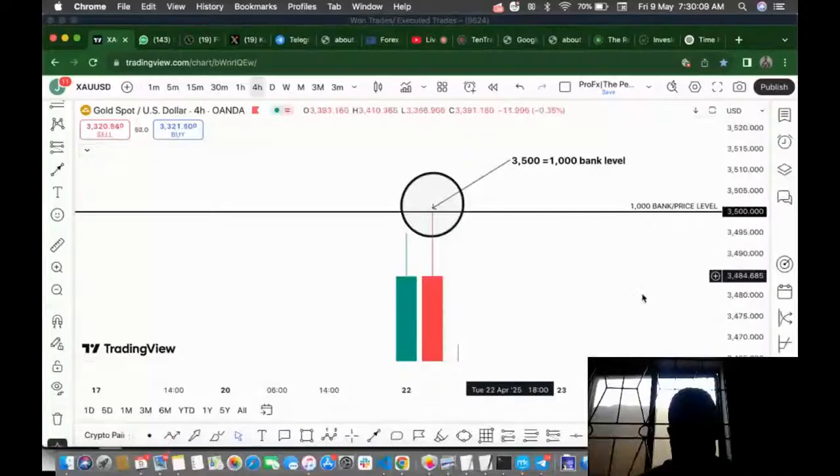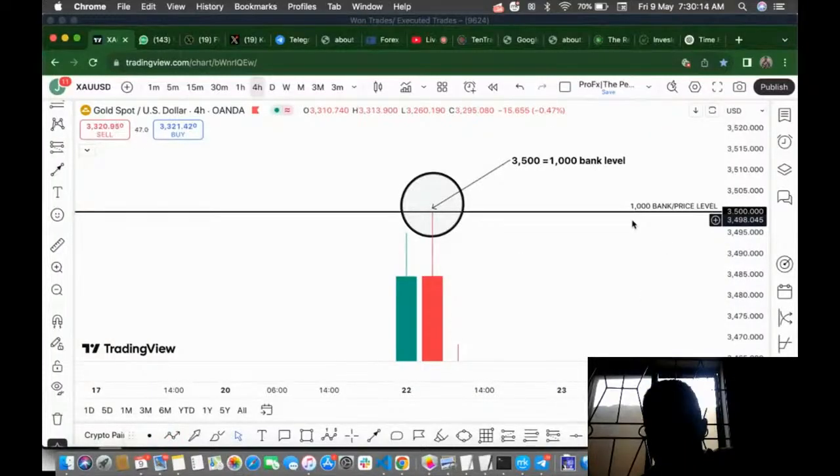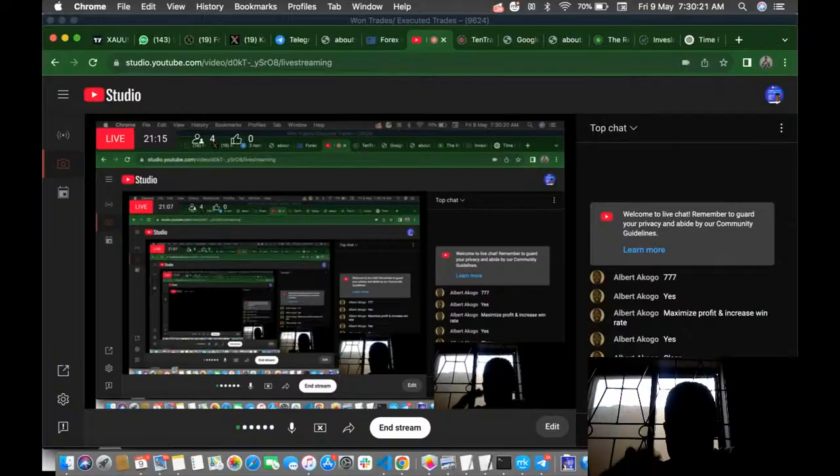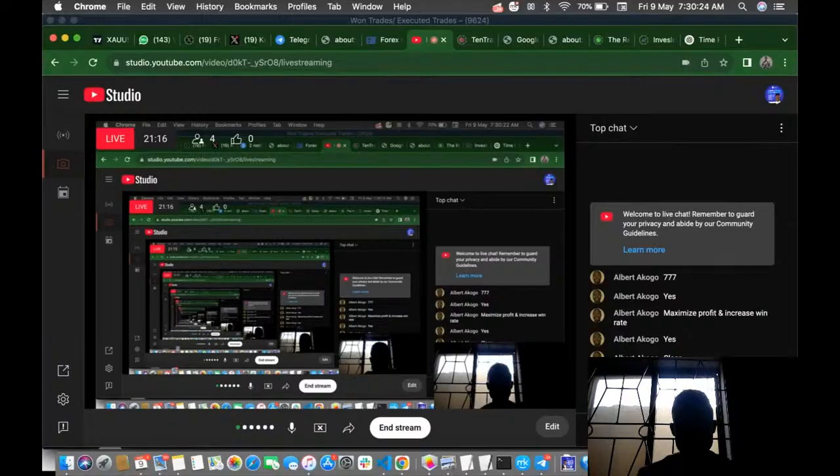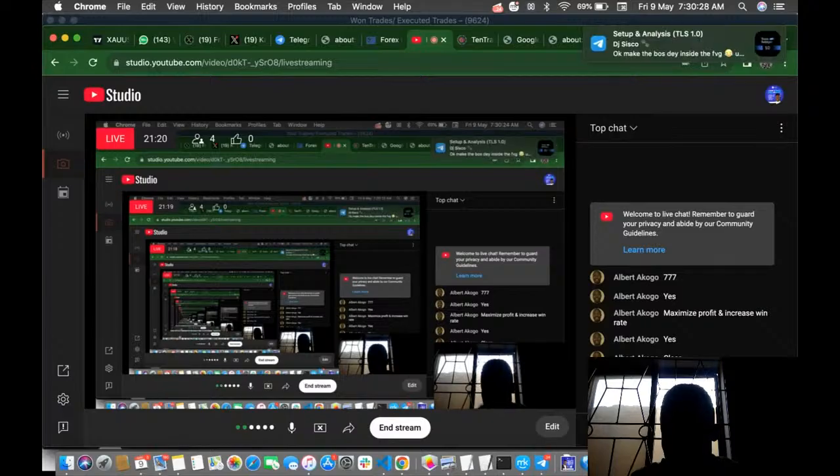So let's look at this now. What's the 1,000 level below 3.5? Talk to me. What's the 1K bank level below 3.5?